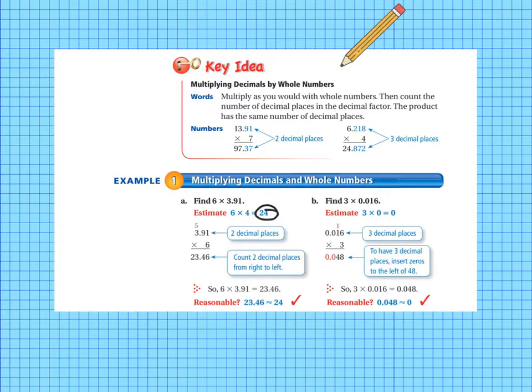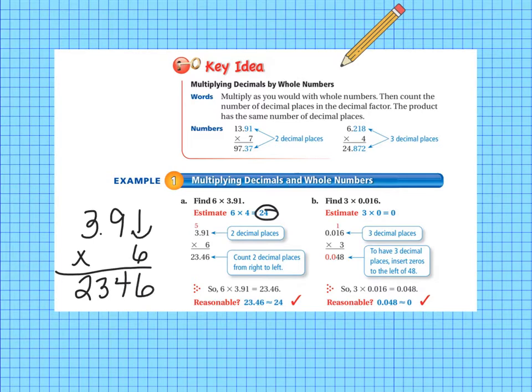So when I do this, I'll write it larger. We have our answer 2, 3, 4, 6, and I swoop in 2 places till I get to the decimal point. And since I had 2 swoops in my factor, I'm going to swoop twice in my product.